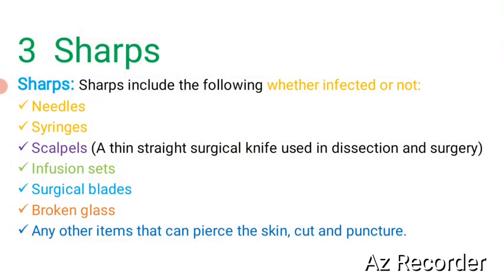Next we will see what sharp waste is. Sharp waste includes the following, whether infected or not: needles, sharp scalpels or surgical blades, infusion sets, broken glass, and any other items that can pierce the skin, such as cuts and punctures.